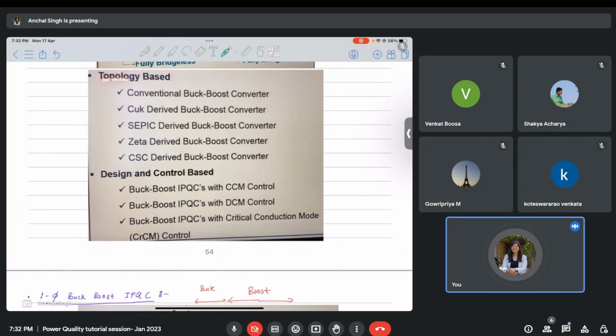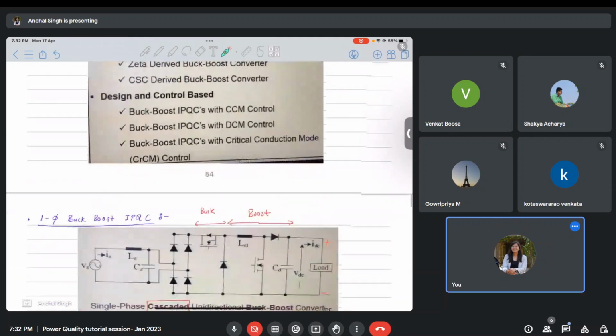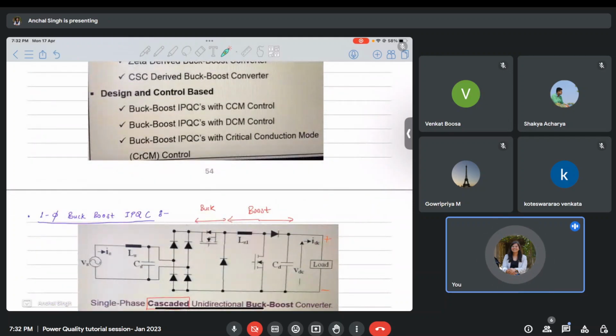So the topology could be conventional buck boost converter, Cuk derived buck boost converter, SEPIC derived buck boost converter, Zeta derived buck boost converter, or current switched converter derived buck boost converter. Then another classification could be on the basis of control. So it could be continuous conduction mode control, discontinuous conduction mode control, or critical conduction mode control.